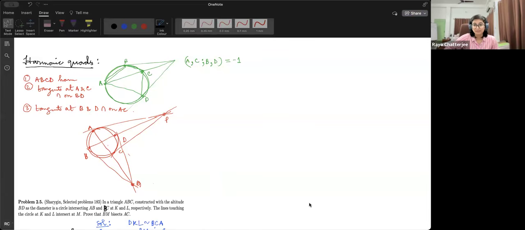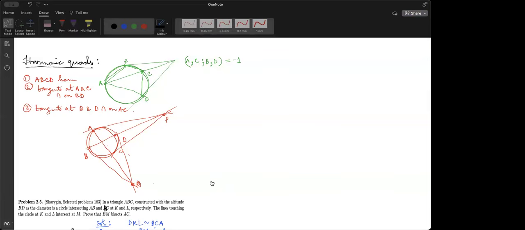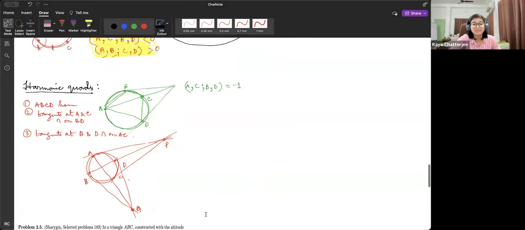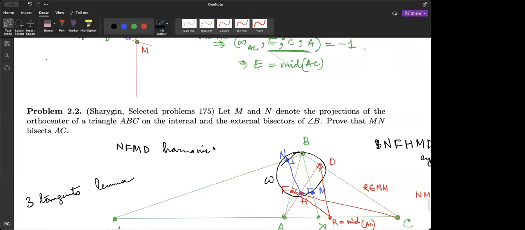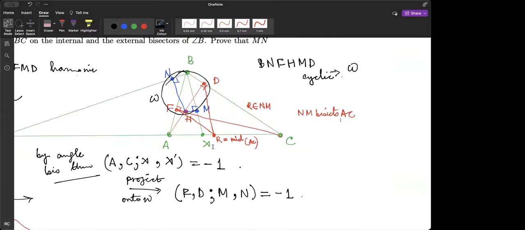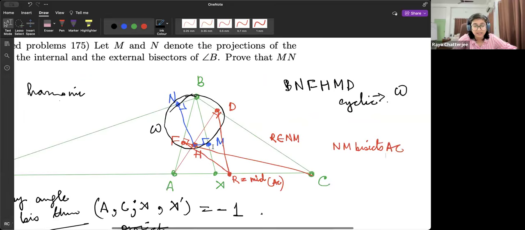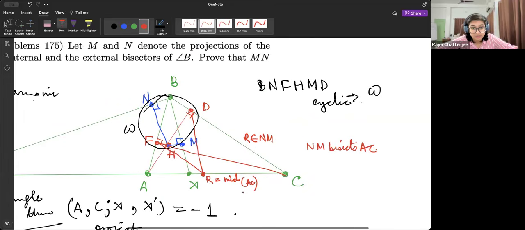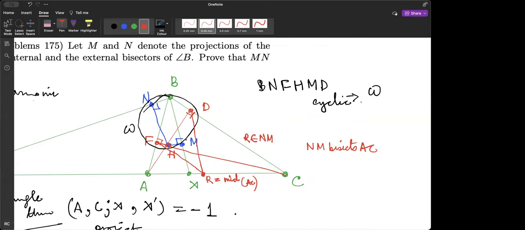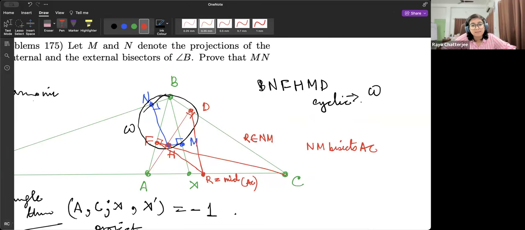Any of you have any questions to ask me? Wait, what is the pole of AC? Okay, I think it is DF cap BH, I'm not sure. Pole of AC in omega, I'm pretty sure. Yes, of course, right? Because BFHD is cyclic.